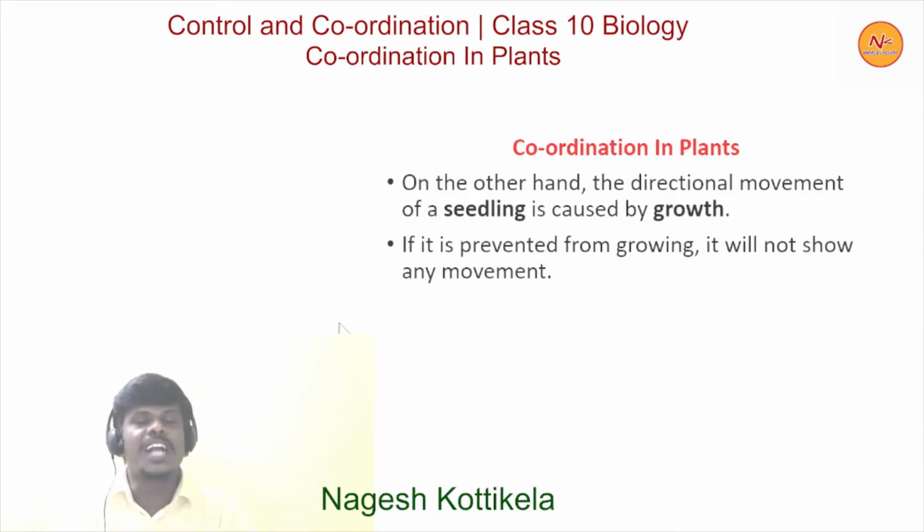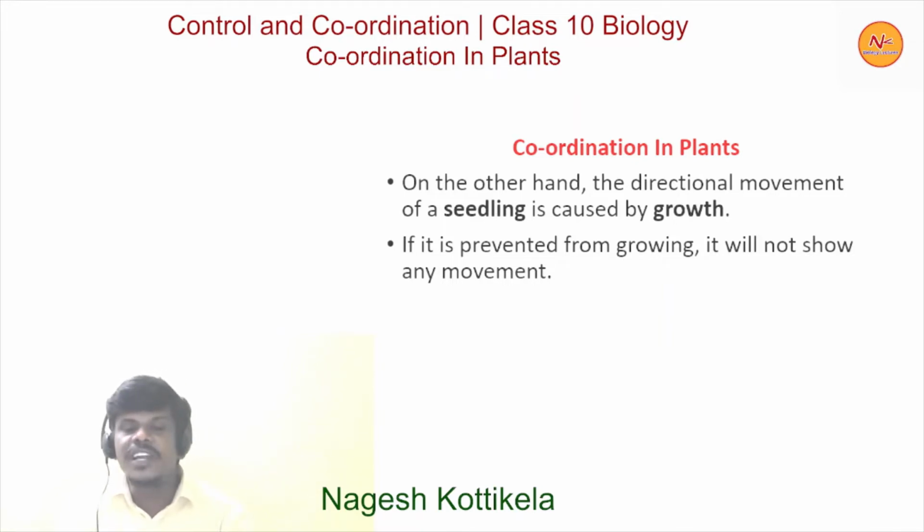So plants show two types of movement. One is growth related movement, as seen in the case of germinating seeds, and the second is growth independent movement, as we have discussed in the case of the leaves of the touch-me-not plant.